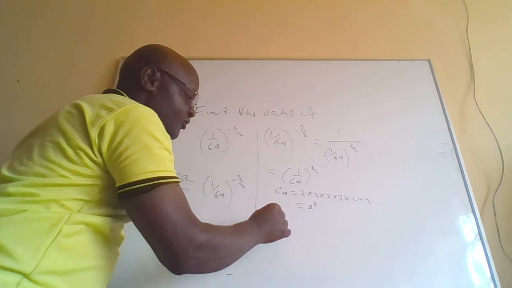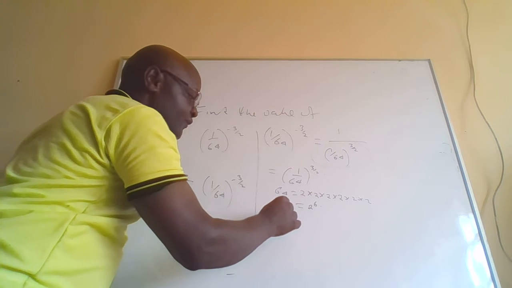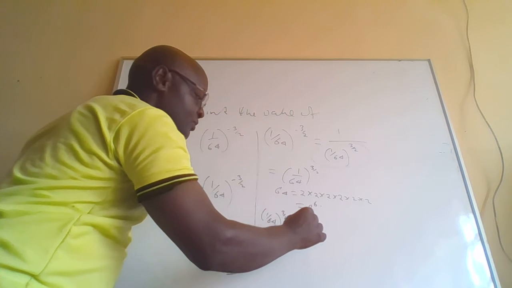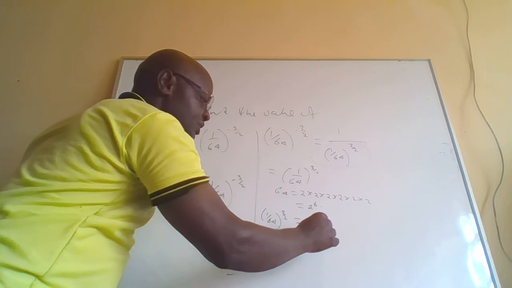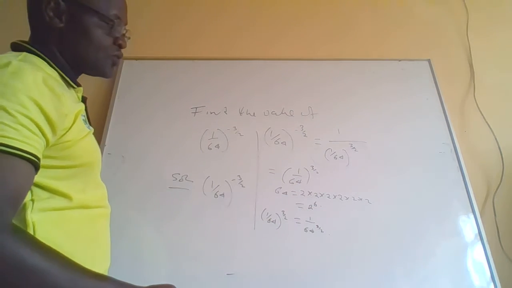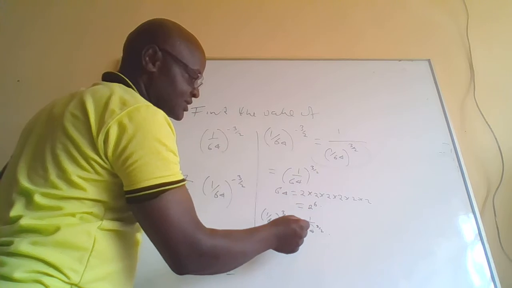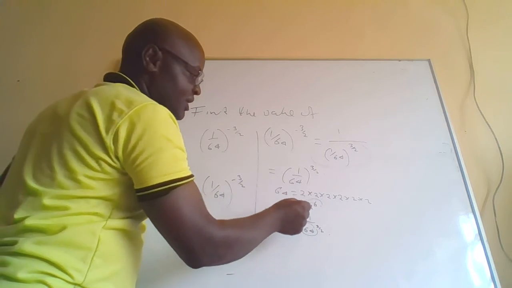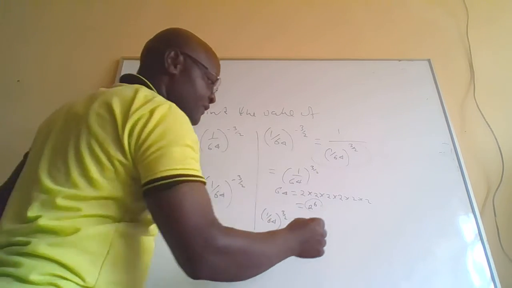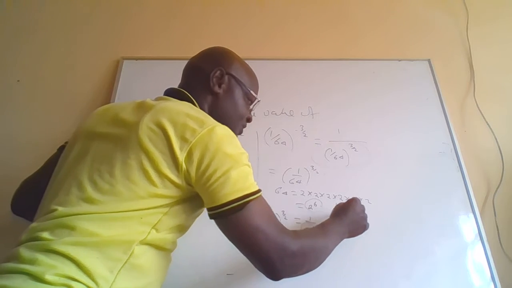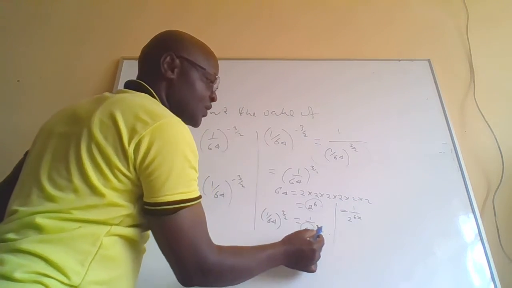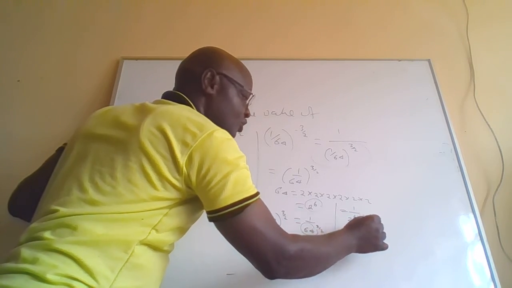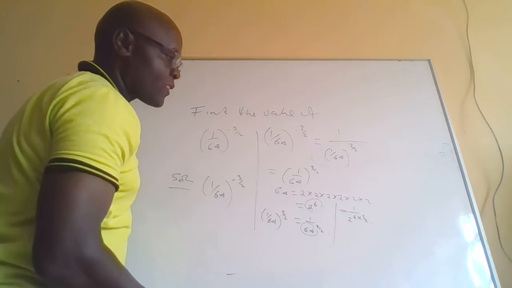Therefore, 1 all over 64 raised to 3 all over 2 is the same as 1 all over 2 raised to 6 times 3 all over 2.